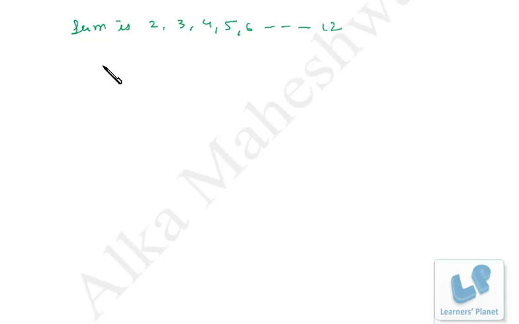Now when the sum is 2, that means on both the dice number 1 and 1 is appearing, right? Sum is 3, that means 1, 2 and 2, 1, right? On the first dice number 1 is there, on the second dice number 2 is there, or on the first dice number 2 is there and the second dice number 1 is there, right?